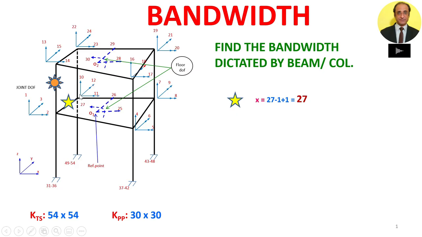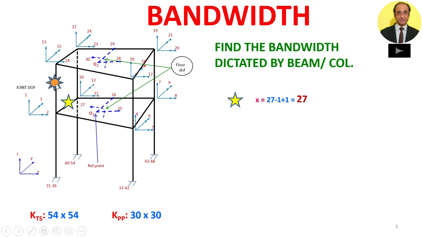So here for this particular member, the highest degree of freedom is 27, the one connected with the rotation of the floor, and the lowest degree of freedom is 1, which is the joint degree of freedom related to the vertical displacement at this particular joint. So for this particular member, x is coming out to be 27.